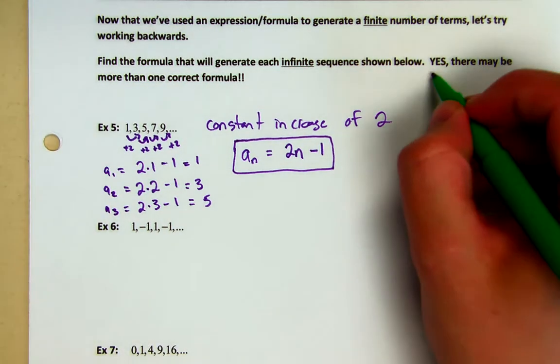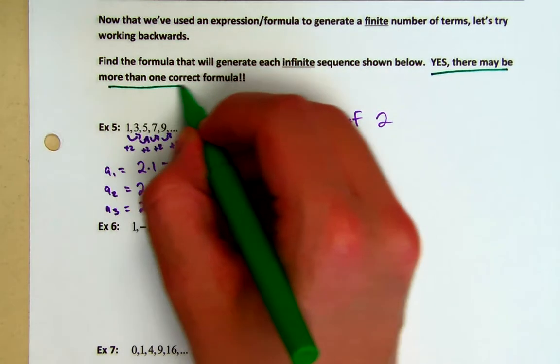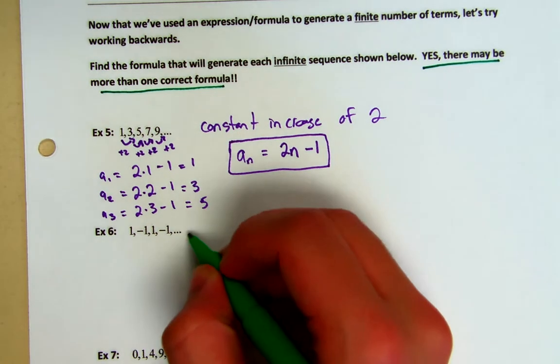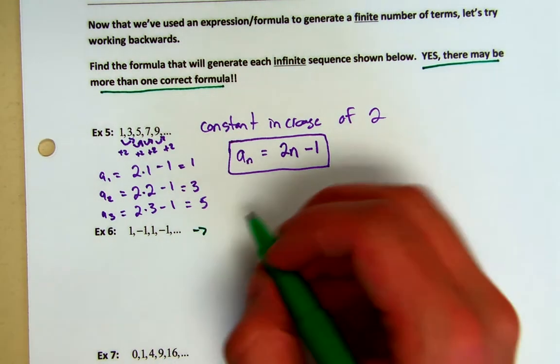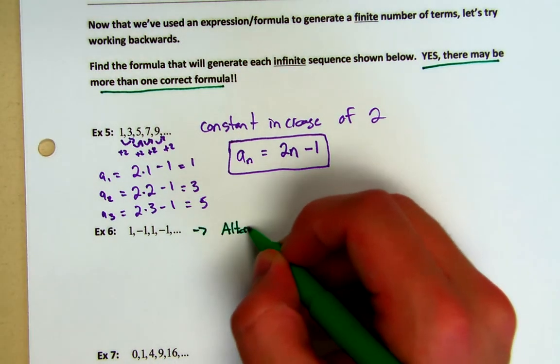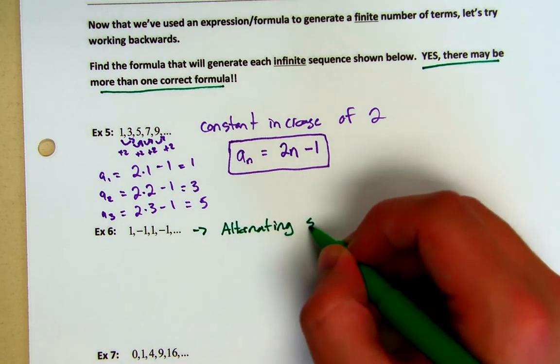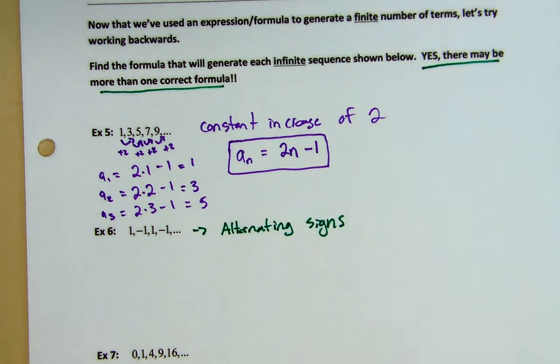Another thing here is it says there is more than one correct formula. So if you can come up with a different way of doing these, by all means, go ahead. So the first thing you should notice about example 6 is alternating signs. So alternating signs there, well, that means that we're going to have to use a power, basically.